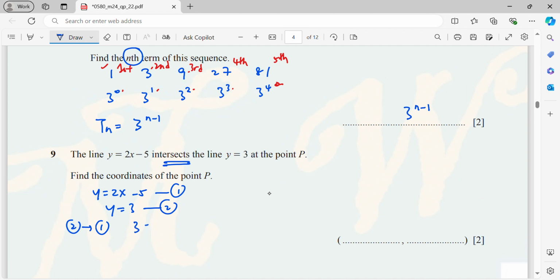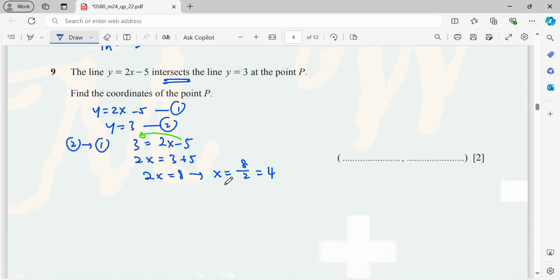Then you will be getting 3 equals 2x minus 5. Then the minus 5 moves to the left side, and it becomes plus. Therefore, I will get 2x equals 3 plus 5, which means 2x equals 8. Therefore, my x is 8 over 2, that is going to be 4. Since the y is already given, your P has coordinates 4 and 3. So that will be the solution of question number 9.